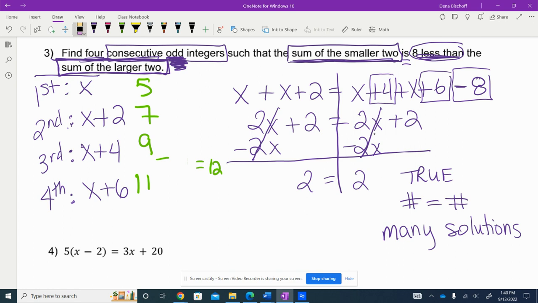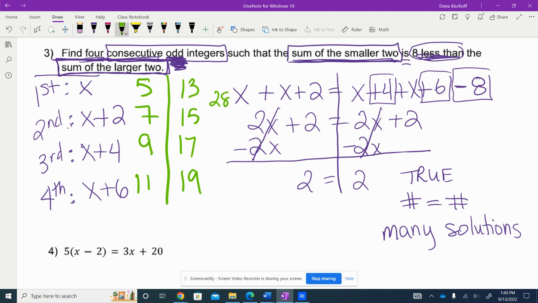Let's try a different number. Someone else give me an odd number that's a little bit bigger than 5. 13. So the first one would be 13, and then 15, and 17, and 19. Let's see. 13 plus 15 is 28. 17, I'm just trying to show you this.